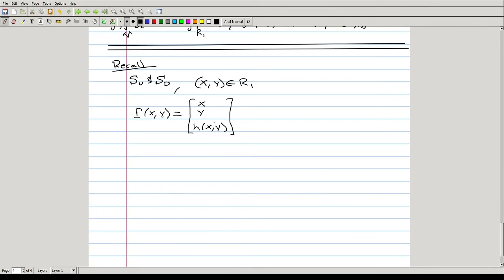But both cases parameterizations take this form, which means the normal vector is going to be plus or minus rx cross ry, which we've shown a number of different times. For the graph of a function, this is going to end up being negative hx, negative hy, and then positive 1.